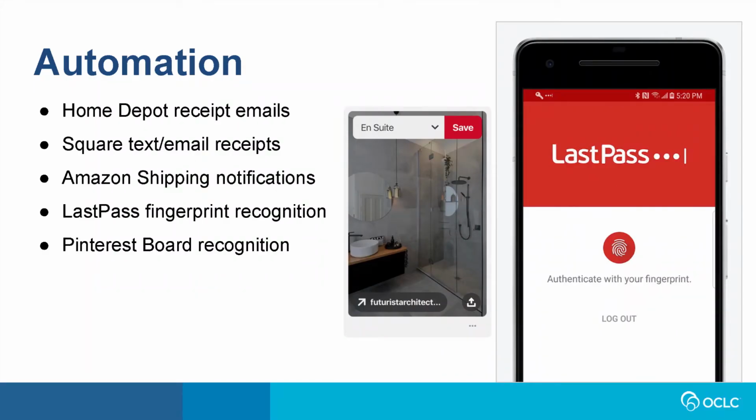Automation. Home Depot and Square, for example, will send you an email with your receipt if you use a particular credit card. They actually sense this. Amazon now sends you pictures of your package on your front porch. LastPass: entering passwords on your mobile device is so 2000. Now you can use your fingerprint and essentially just log into a site.